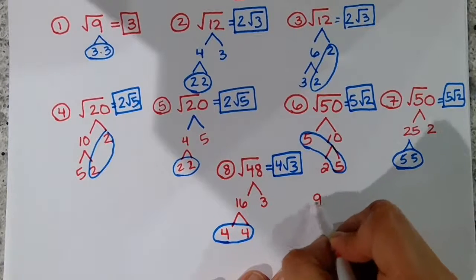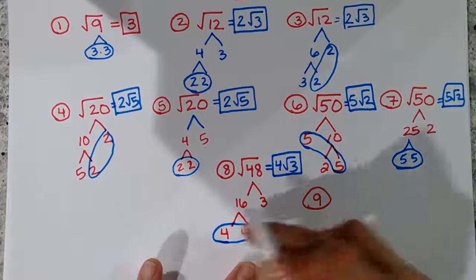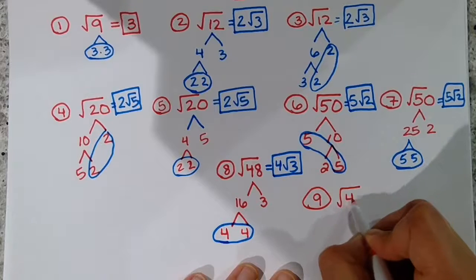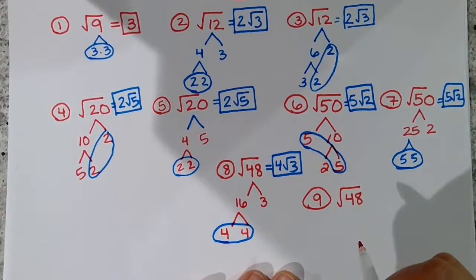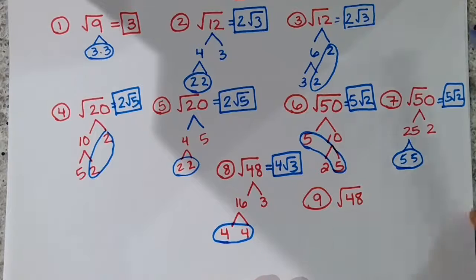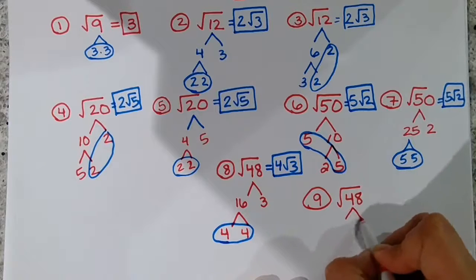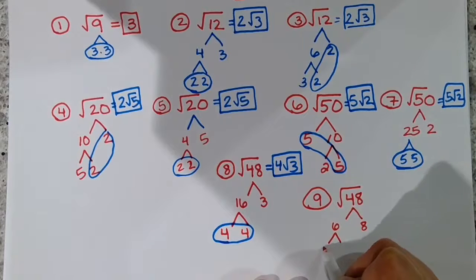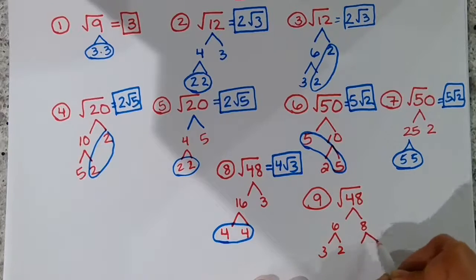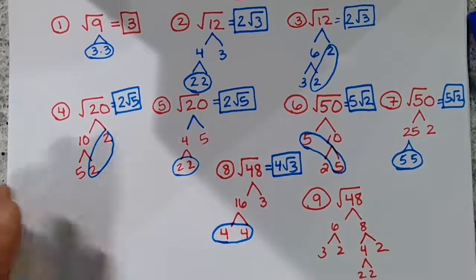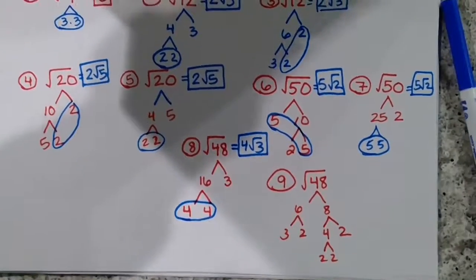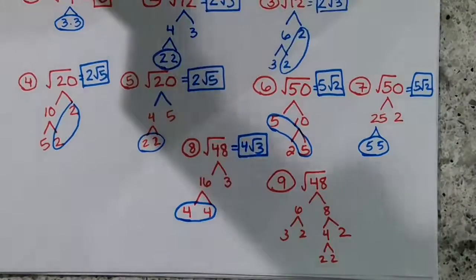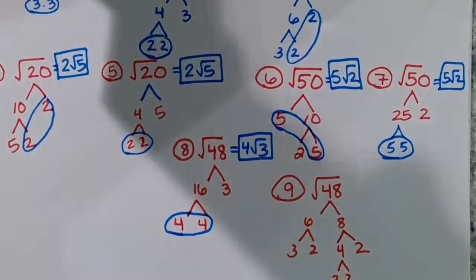Now let's just say that I didn't do 16 times 3. Well, square root of 48 is going to be the same thing as 6 times 8. So this breaks apart. 6 breaks apart into 3 times 2, 8 into 4 times 2. Break this apart into 2 times 2. So now I'm still looking for my doubles.